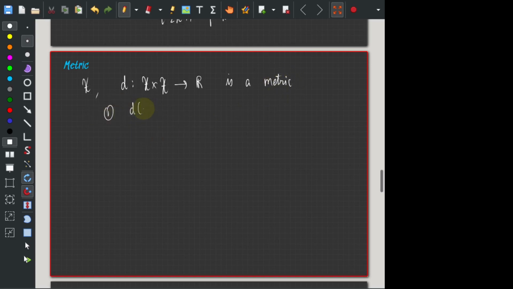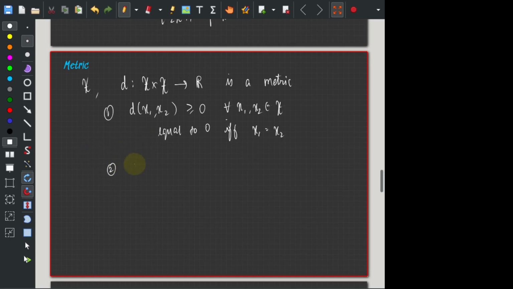Firstly, d of x1, x2 is always greater than or equal to 0 for all points in X, and equal to 0 if and only if x1 is equal to x2. So you take any 2 distinct points, then the metric should always give you a strictly positive number. If it's the same point, it should give you 0.